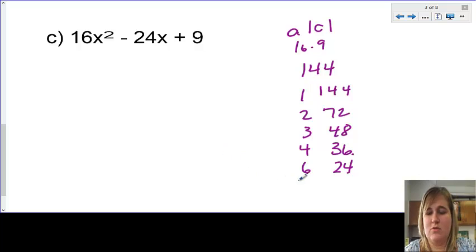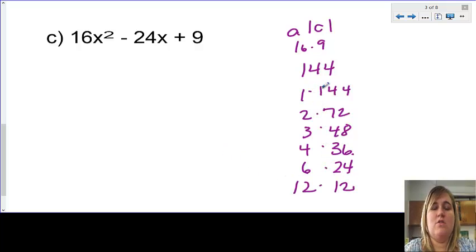So then my last one should be 12 and 12, I believe. So now, of those, for me to get a negative 24 here, I have to say which of these is going to get me a 24. Obviously, that's going to be 12 and 12.